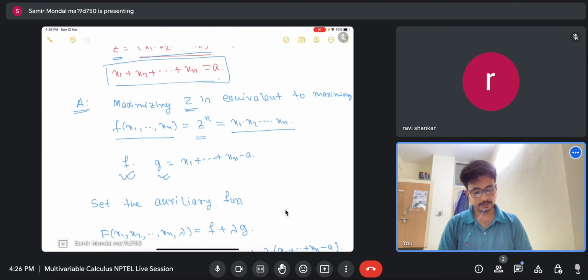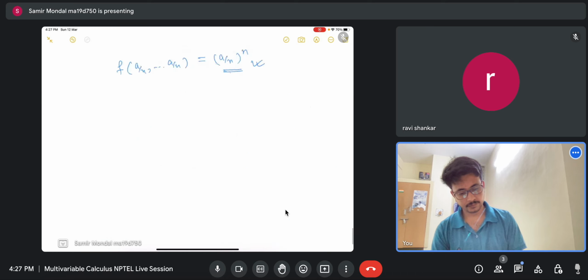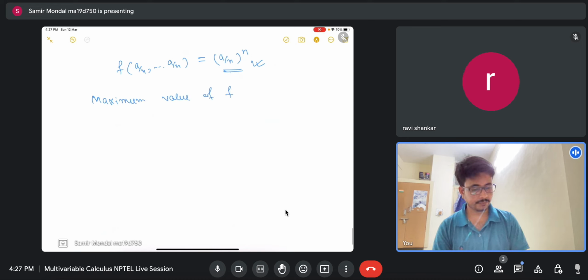The maximum value of f is (a by n) to the power n, then the maximum value of z is a by n. Hence the maximum value of z is a by n.